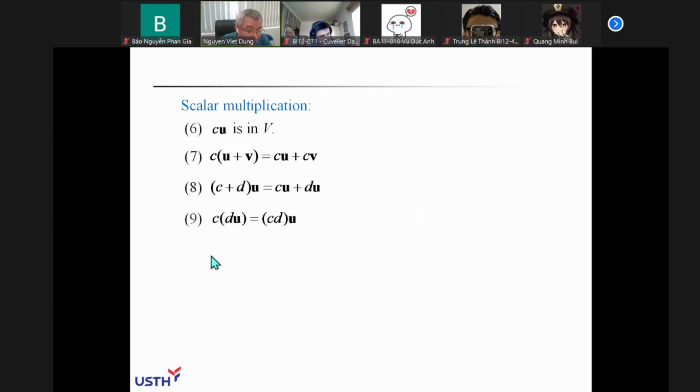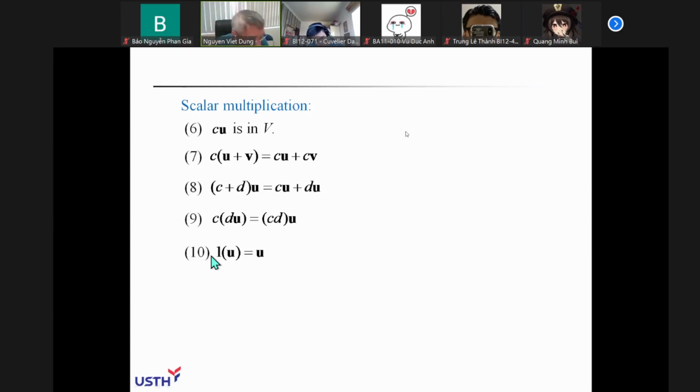Number 9 is here, we write it here. And number 10: if you take the number 1 multiplied by U, you get U again. So if you take a look at the 10 properties in the definition of a vector space, they are exactly the 10 properties for standard operation on n-space Rn. We listed them before the break already.